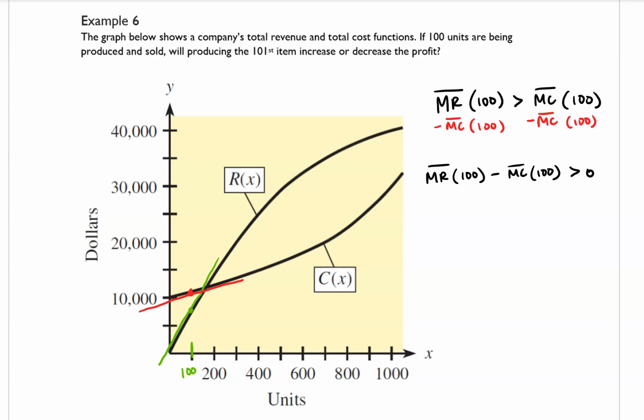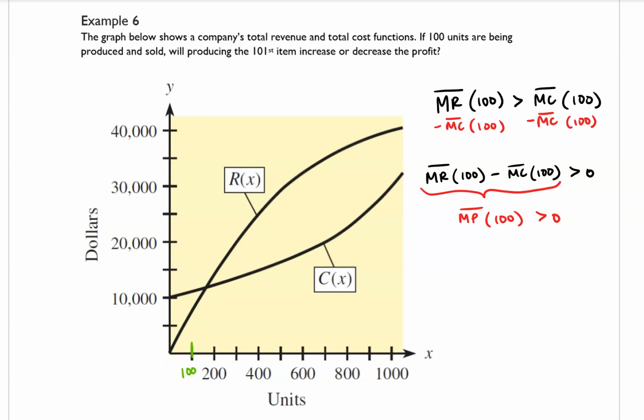And this thing here is just the marginal profit function. So the marginal profit function at 100 is greater than 0. So that means that if you sell the 101st unit, it's going to increase your profits.